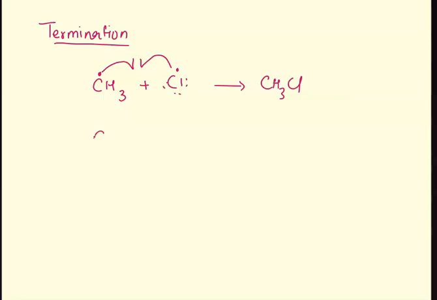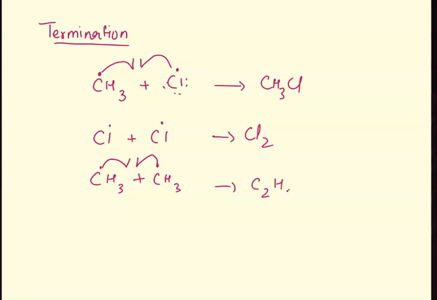Or maybe one chlorine radical can go back and combine with another chlorine radical to give more of Cl2. Or maybe two CH3 radicals can combine to form a product like ethane, right? Two CH3s means C2H6. So these are all reactions which are illustrating our termination, the last step.